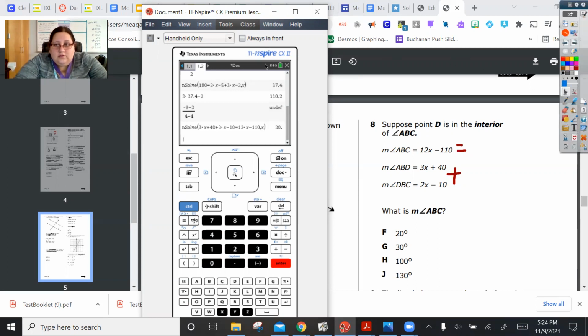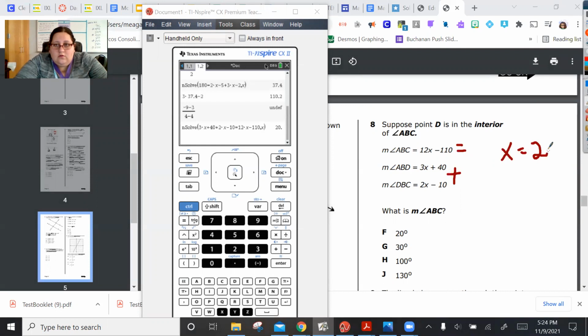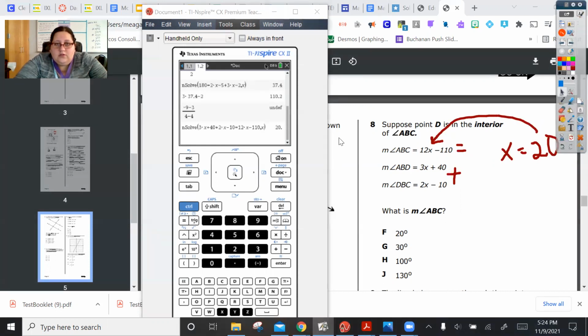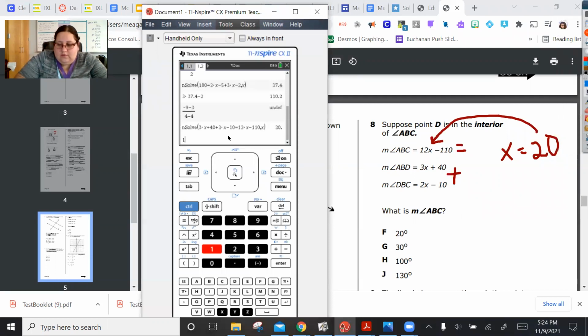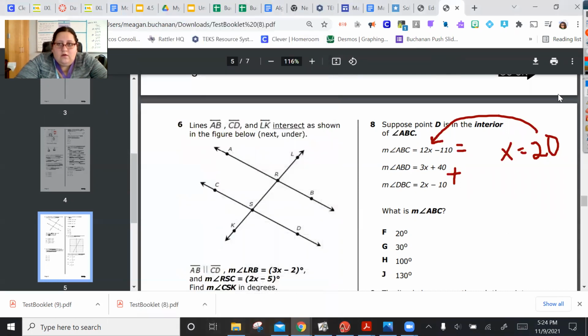So my x equals 20. Now I've got to plug that in here to find out my full measure. So I have 12 times 20 minus 110, and that means my full measure is 130 for the whole angle.